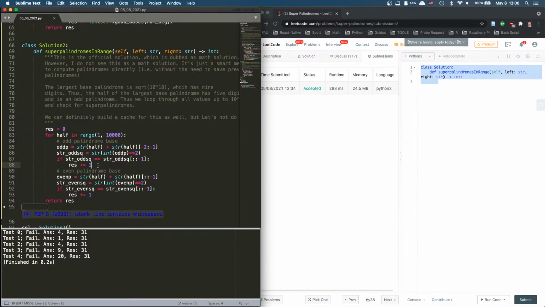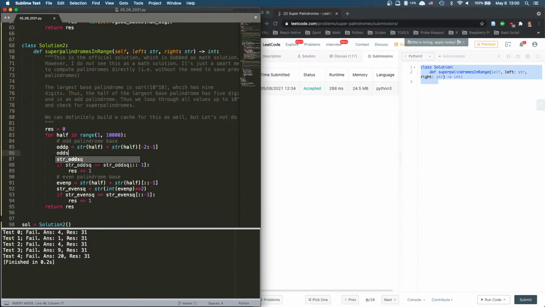And we have to consider left as well. Oh man. So we have to do, dang it.